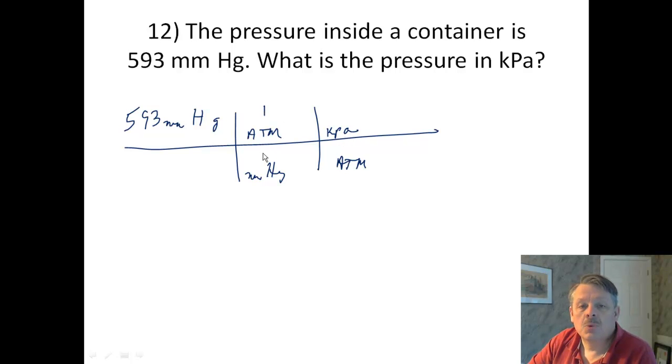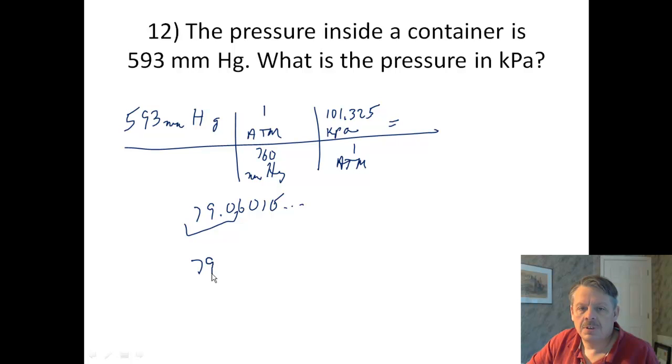Let's see, 1 atmosphere is 760 millimeters of mercury. 1 atmosphere is 101.325 kilopascals. And when I do the math, I come up with 79.06016, and so on. But I can only have 3 sig figs, so it's got to be 79.1.